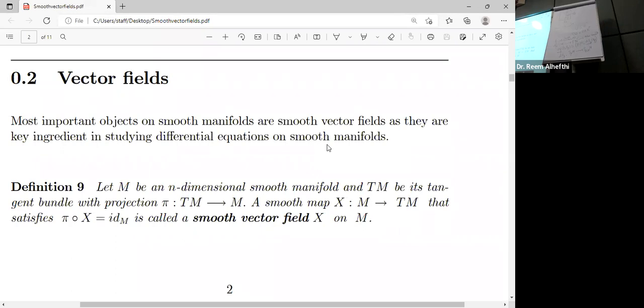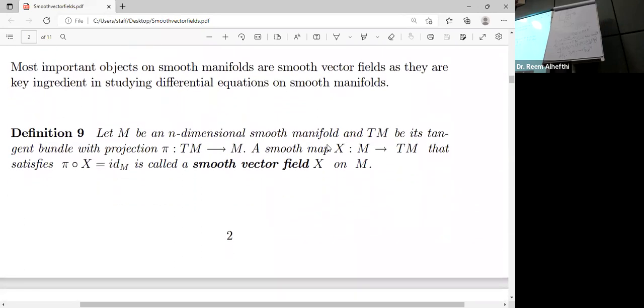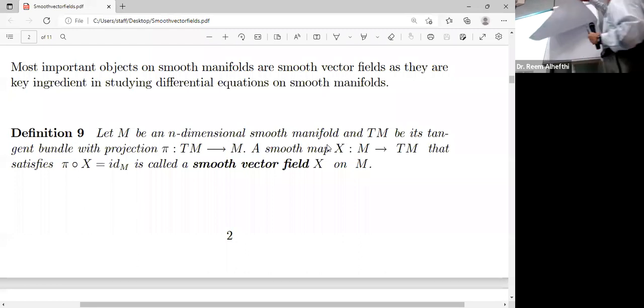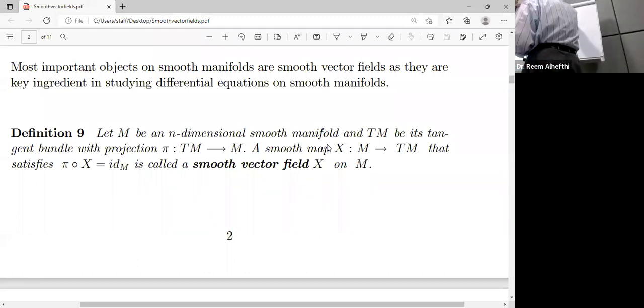Vector fields on manifolds are essential in studying differential equations. So now, what is a smooth vector field? Again, I need to come here. You have the tangent bundle.